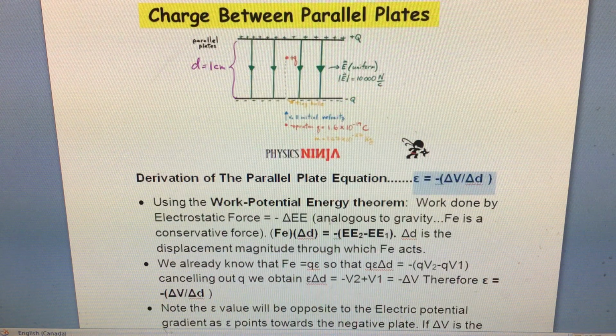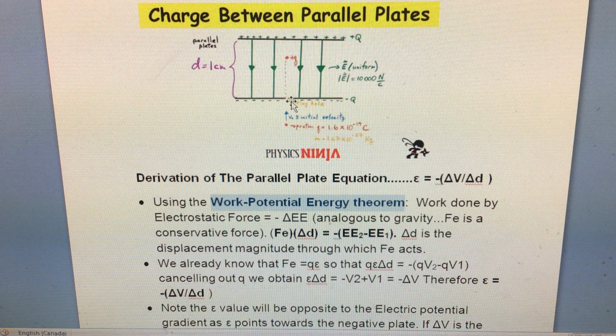Well, we can make use of what's called the work potential energy theorem. It says that the work done by the electrostatic force is negative the change in the electric potential energy. It's the same as gravity.